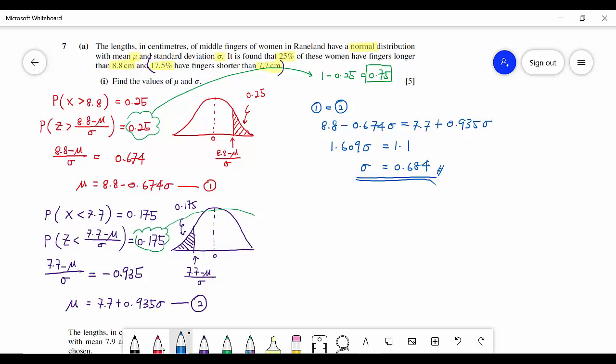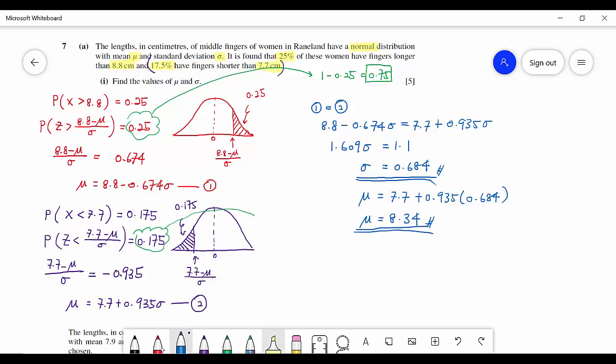Once you get sigma, of course you can get the mu easily. To get the mu, you can use any of the equations that you built just now. So 7.7 plus 0.935 sigma. Try to get it and see whether the answer is 8.34 or not.